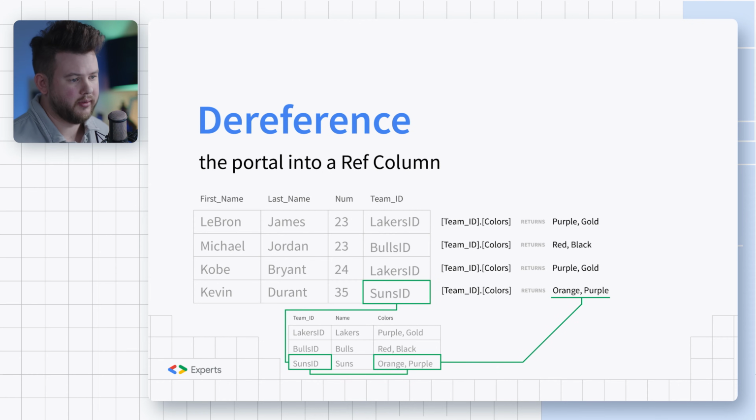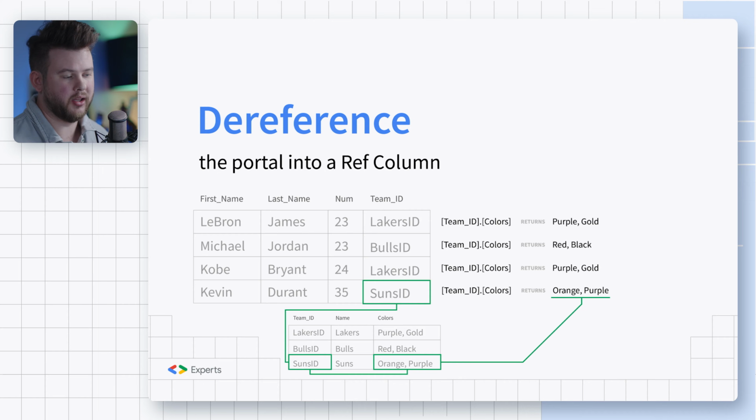For Kevin Durant, his team is Suns with the ID Suns ID. If we go to the team table and find the record where the key is Suns ID, we can go to that record and retrieve the colors from it, which in this example is orange and purple. This expression would return the same colors for teammates.